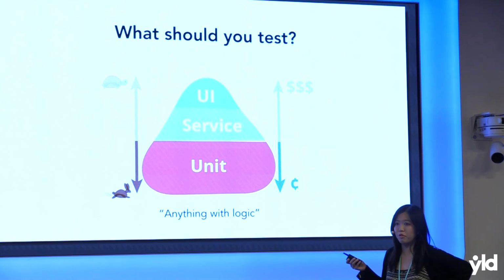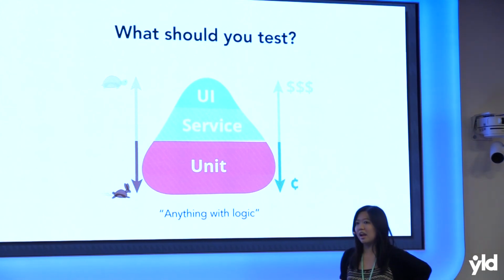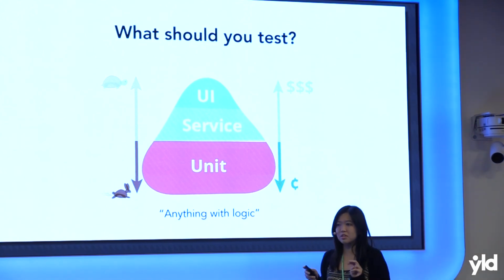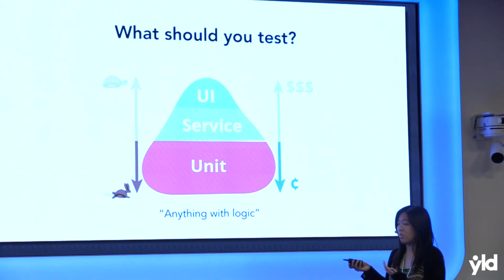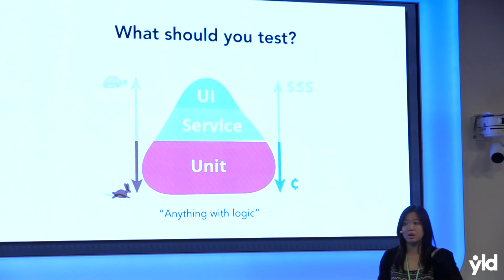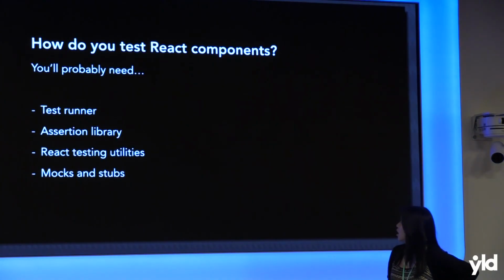The UI tests are more for the user's flow, but anything with logic, and I put this in quotation marks because you can really take this as far as you want. The highest value would be things that have quite complicated logic, or things that are really important, that if it wasn't there, the app would not really function without it.